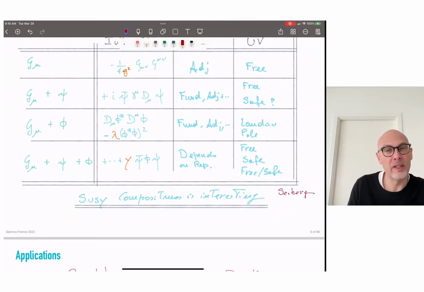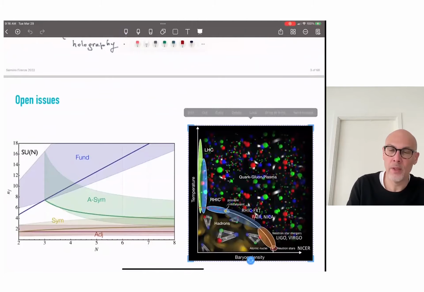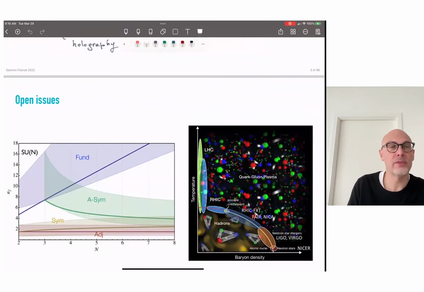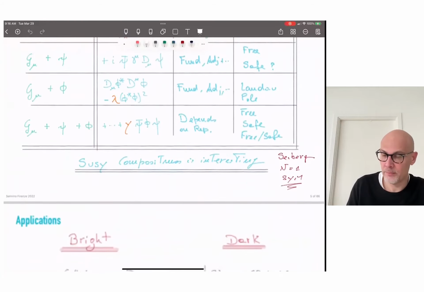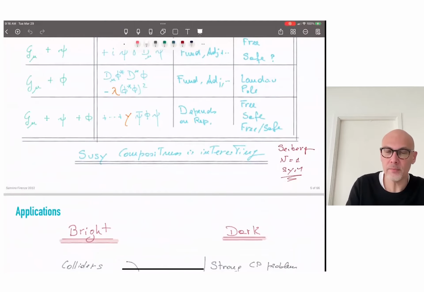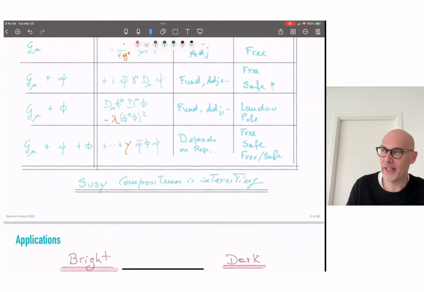About the conformal window of N equal to 1 super Yang-Mills, which allows you to exactly pin down the lower boundary of these conformal windows because of the power of supersymmetry. Good. All right. So this was the landscape that we could imagine about strongly coupled theories.